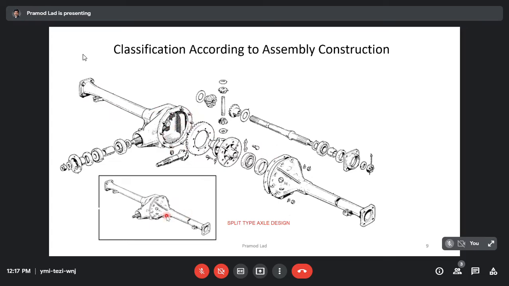There are two halves that are bolted together. So this design is called the split type design. This category mainly pertains to the design of the structural member.